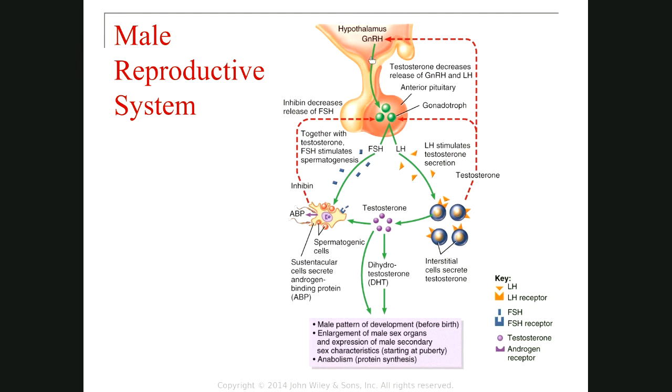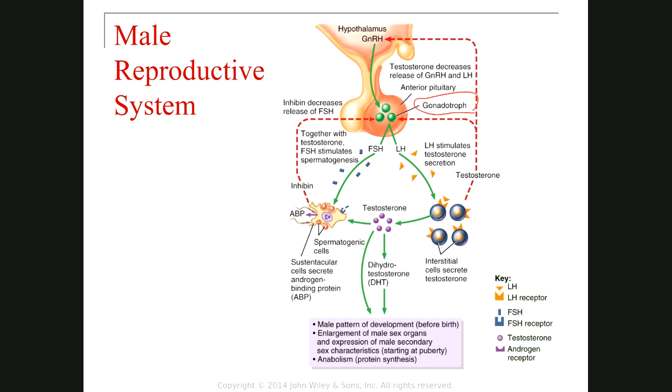In our hypothalamus, we can make GnRH or gonadotropin releasing hormone. Then this GnRH comes down from this infundibulum and enters the anterior pituitary gland. In the anterior pituitary gland, we have different types of cells. And one of the cells which we have here is called gonadotrophs.